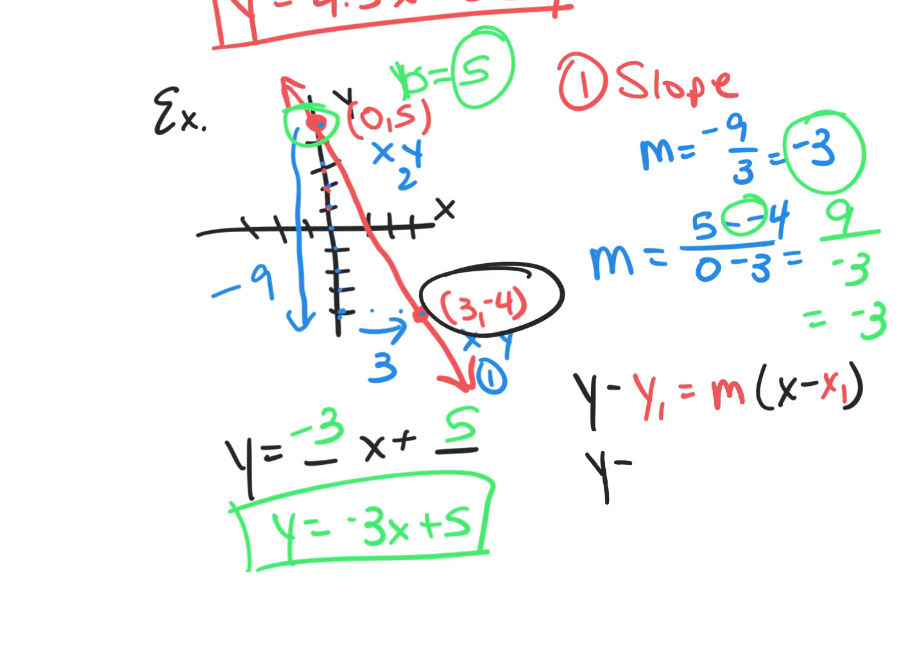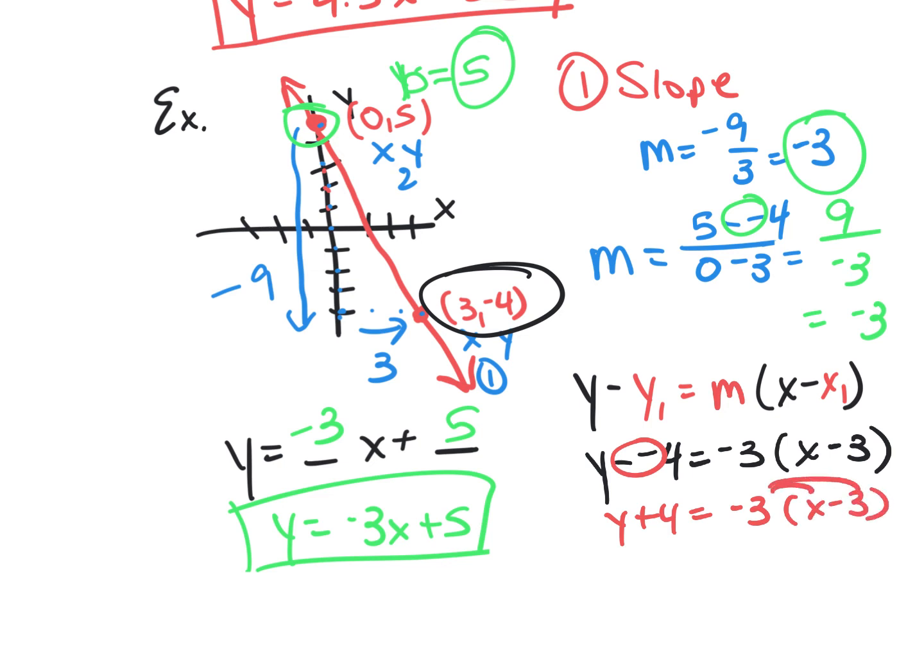So I'm going to choose this guy right here. Minus negative 4 equals negative 3 times x minus 3. We have two negatives here, so this becomes y plus 4 equals negative 3 times x minus 3. Distribute that negative 3, so we get negative 3x plus 9, y plus 4.